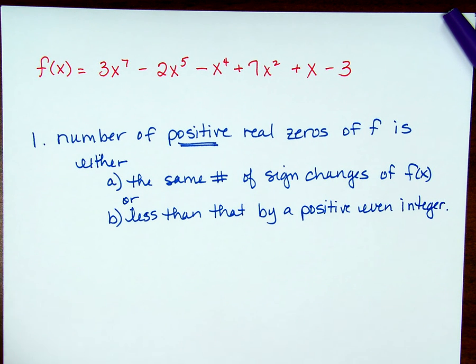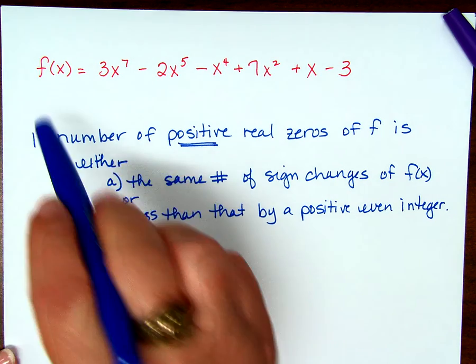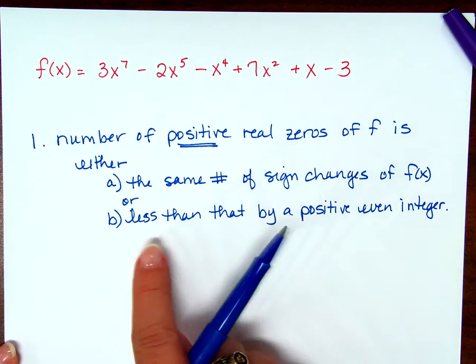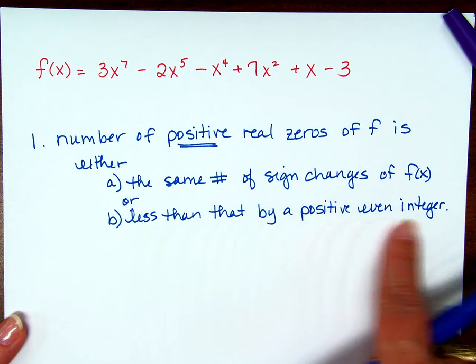So the number of positive real zeros of this function right here is either the same number of sign changes of this function or less than that by a positive even integer.